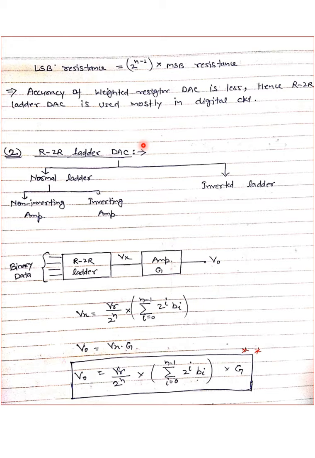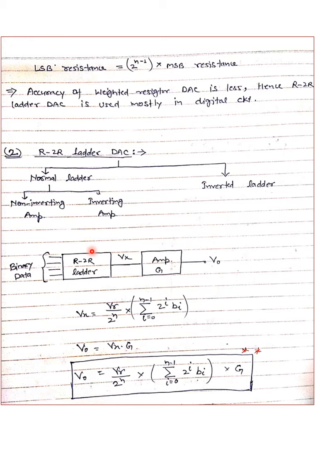So generally we divide R2R ladder into two categories. One is normal ladder, the other is inverted ladder. In normal ladder, we use a non-inverting amplifier or an inverting amplifier.